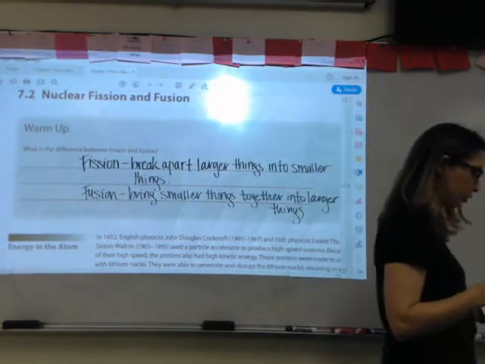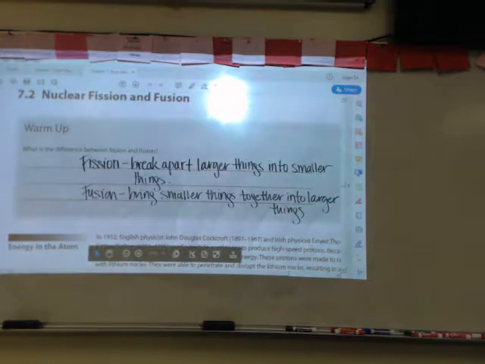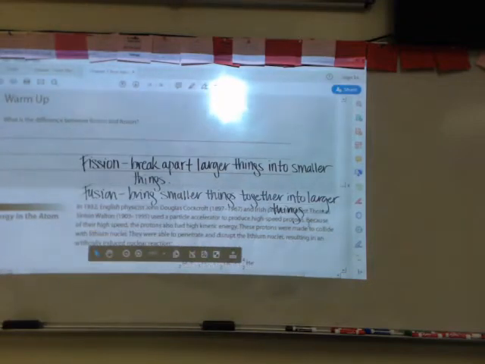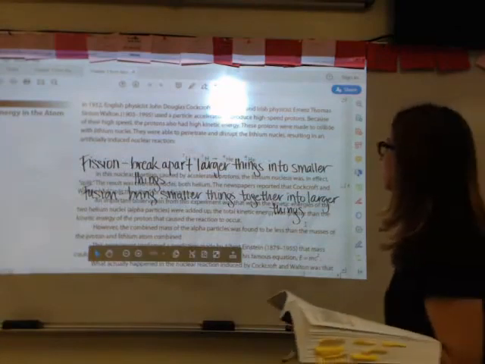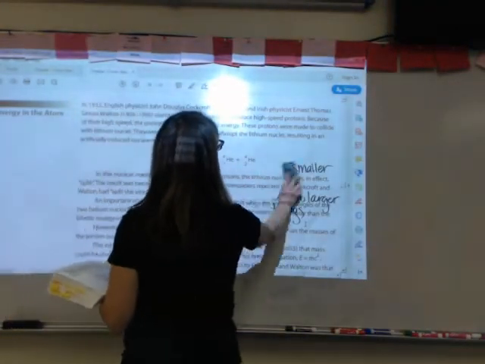And in 1932, John Cockcroft and Ernest Walton used something called a particle accelerator to produce high-speed protons. And because of their high speed, protons also have really high kinetic energy.